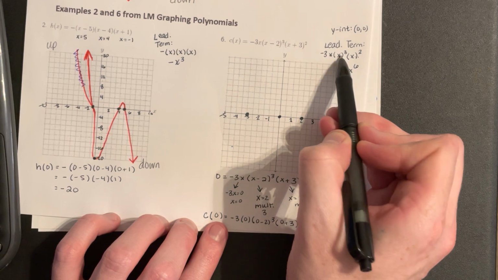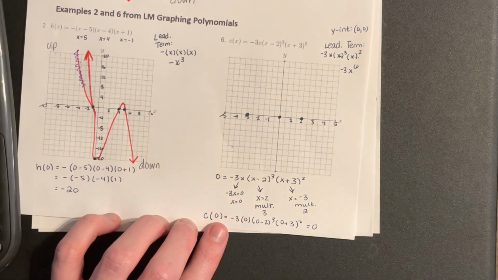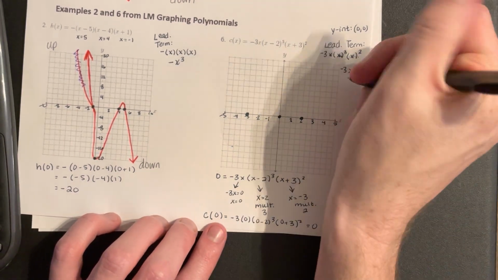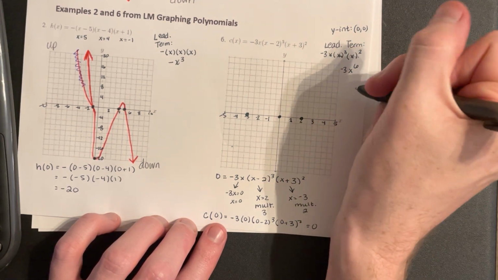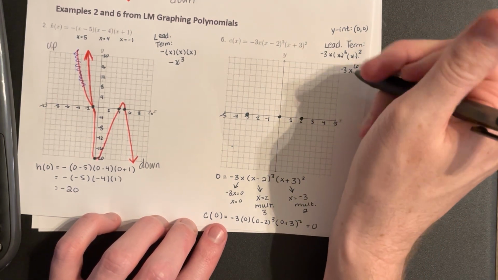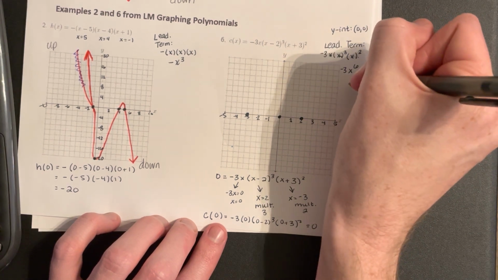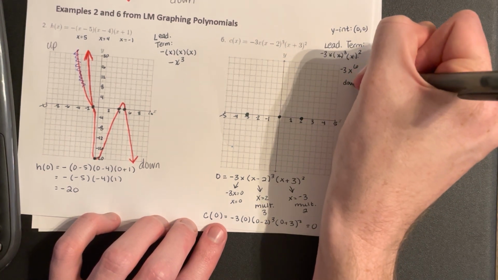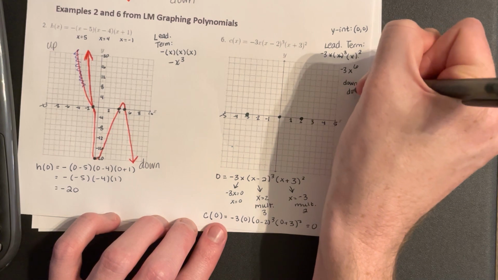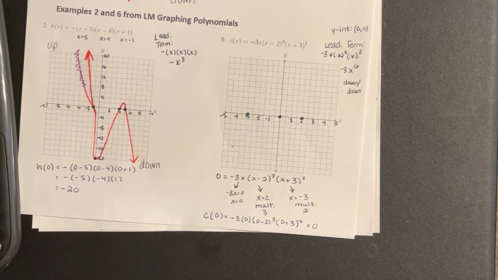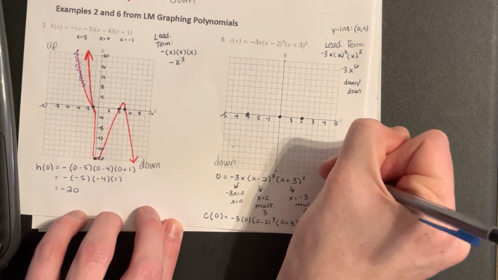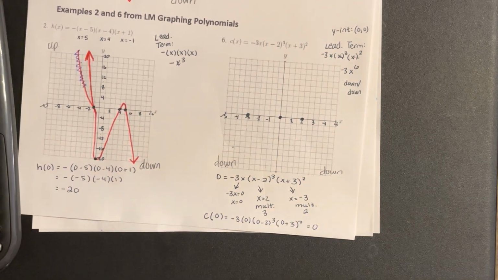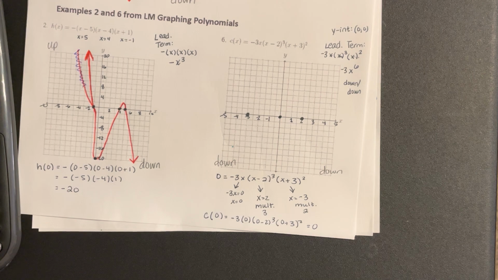So 1, 2, 3, 4, 5, 6. All right. That's an even degree. So even degree functions have the same end behavior. It's up, up, or down, down. Since a is negative, that tells us it's down, down. We can just kind of write that out here on the graph. But we know that both of those should be pointing down.